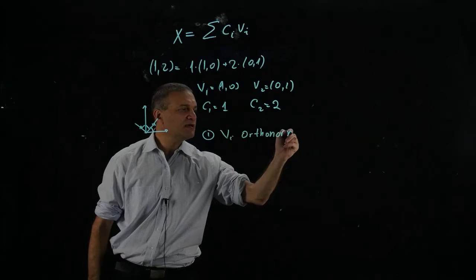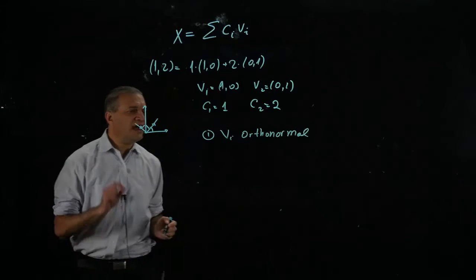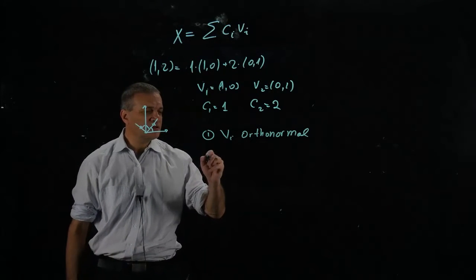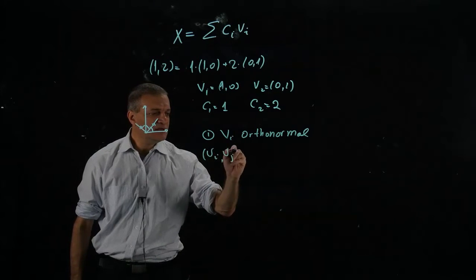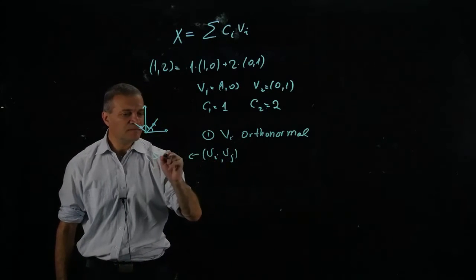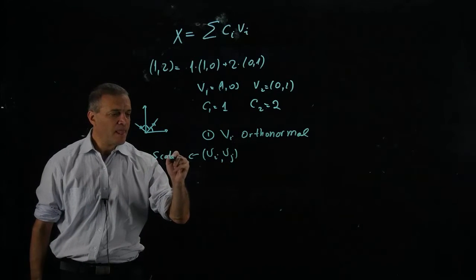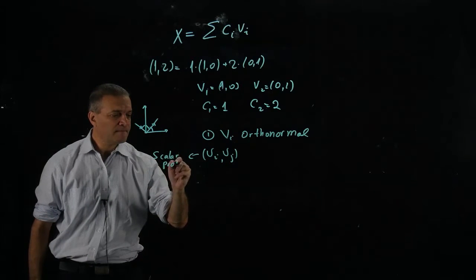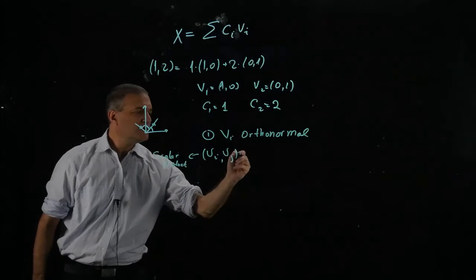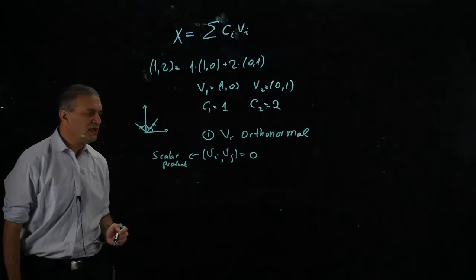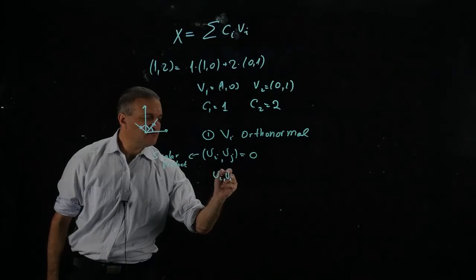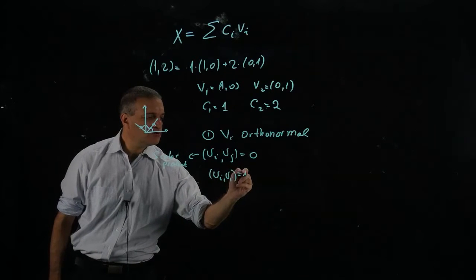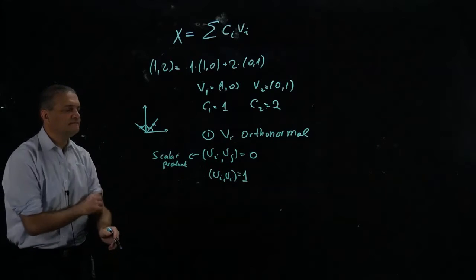That's the simpler case. If the Vi are orthonormal, it means that Vi scalar product with Vj equals 0 for i not equal to j, and Vi scalar product with itself equals 1.